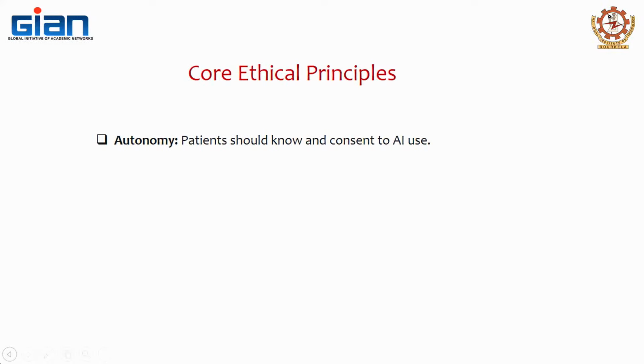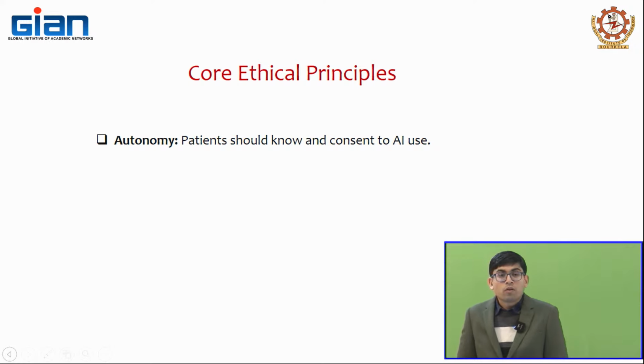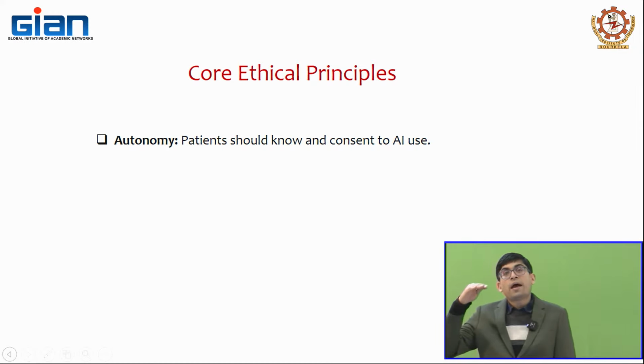Human autonomy and control. What does that mean? We will come to it in the next slide. So the first point that I want to cover is autonomy. Patients should know and consent to AI use, because at the end of the day, it is their life that is at stake, right? So it happens at two levels.